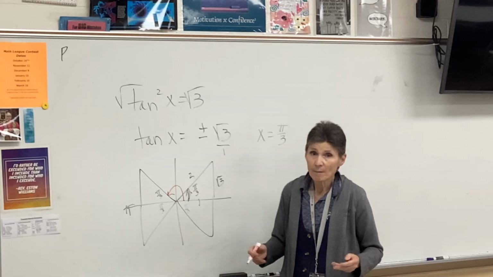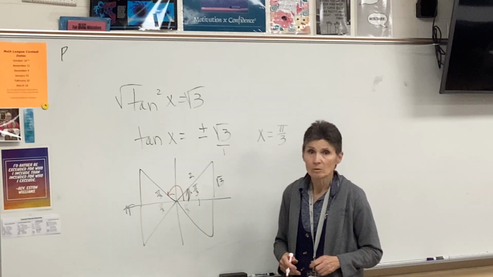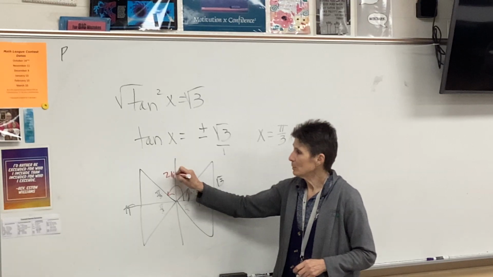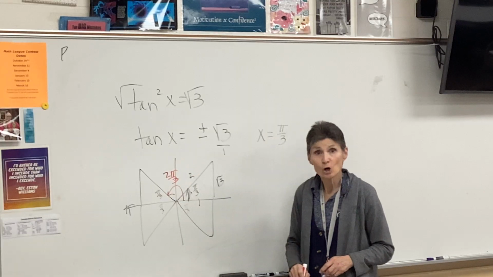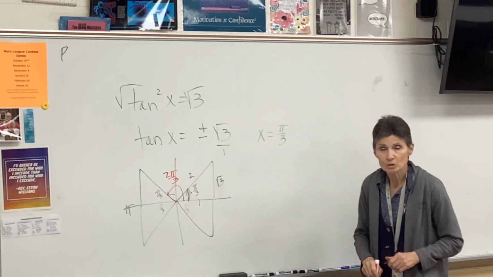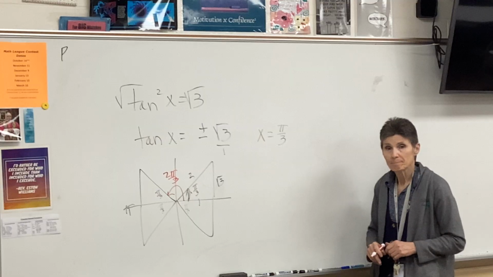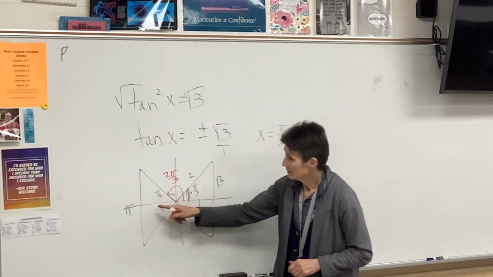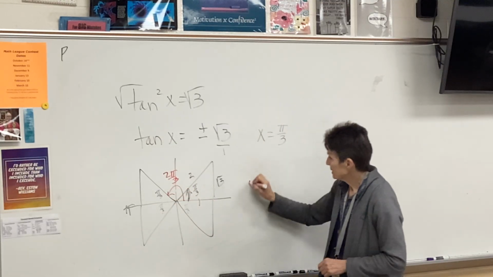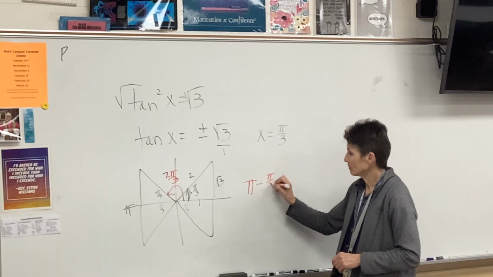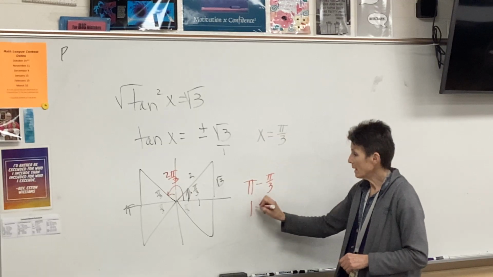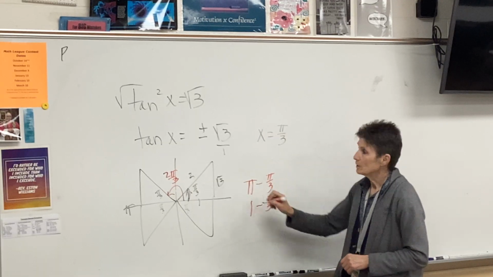So if I stopped with a third to go, didn't I go 2/3 of the way? 2/3 of pi? This red angle is pi minus pi over 3. So it's 1 minus a third, 2/3.